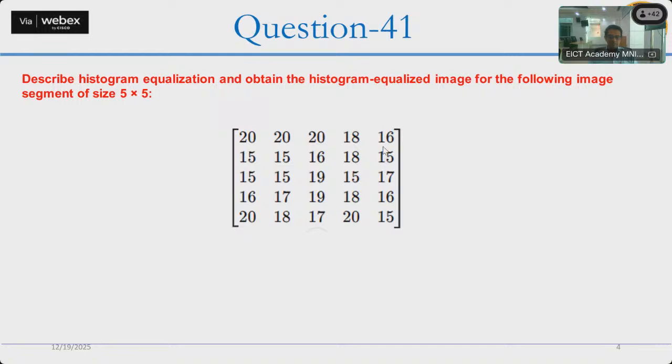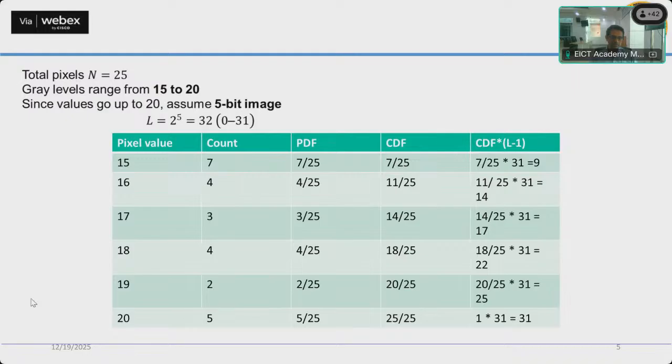Even 16 can't be covered by it. 16 you can cover only till 15. So how many bits? 5 bits, absolutely. 5 bits are there.